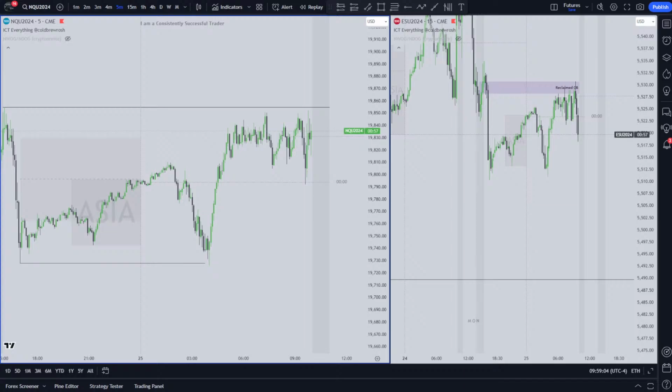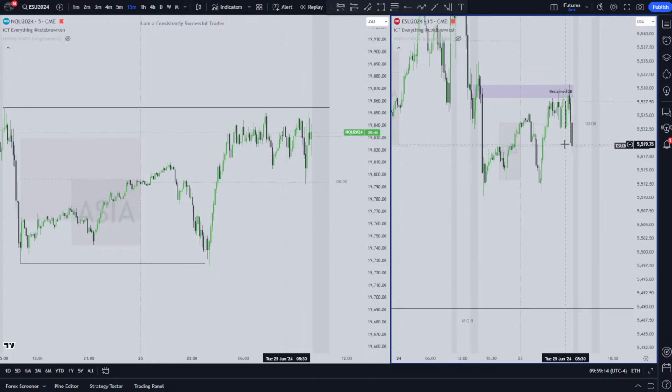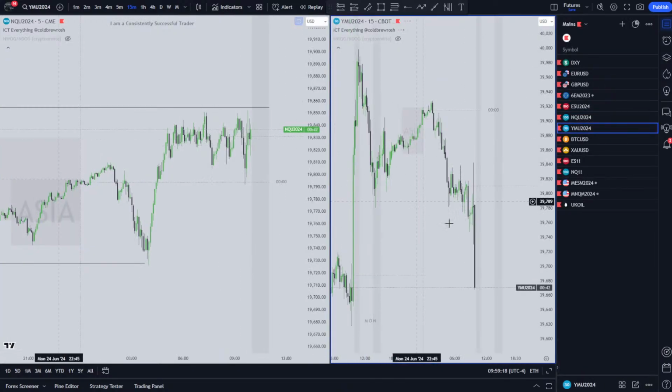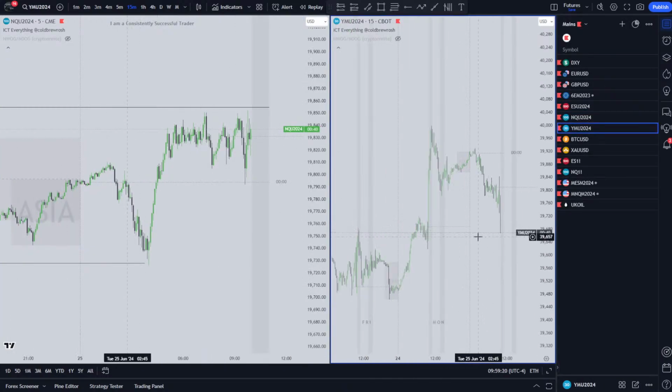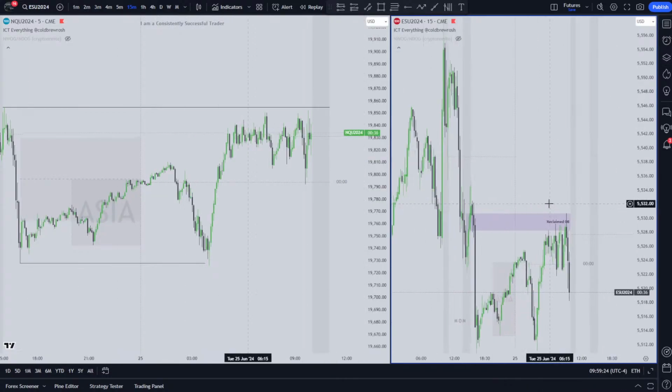Yo, look at ES, man. What is that doing? You might be seeking a deeper discount. Or actually, what might be going on here is that ES isn't gonna sweep that high.